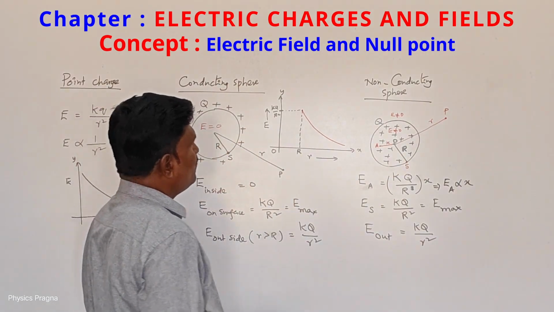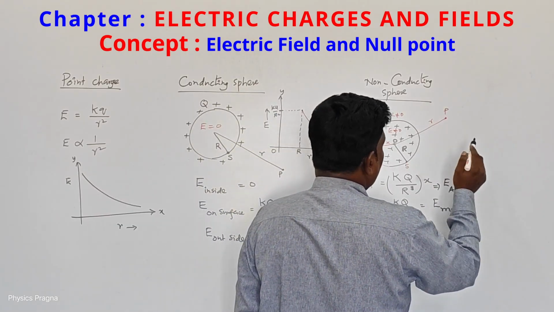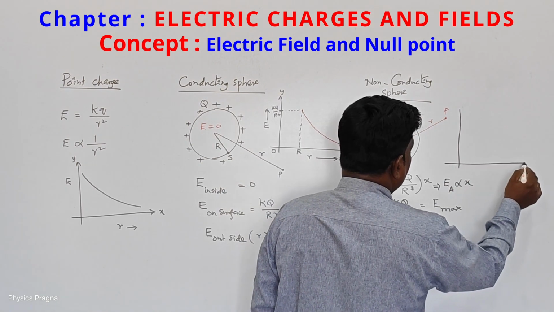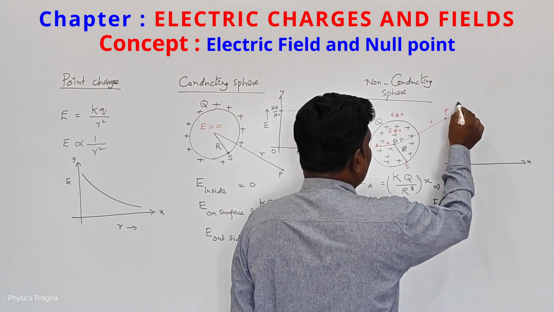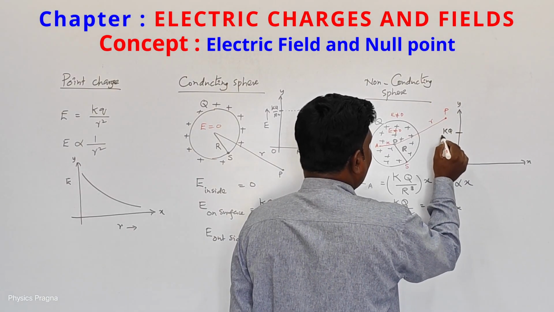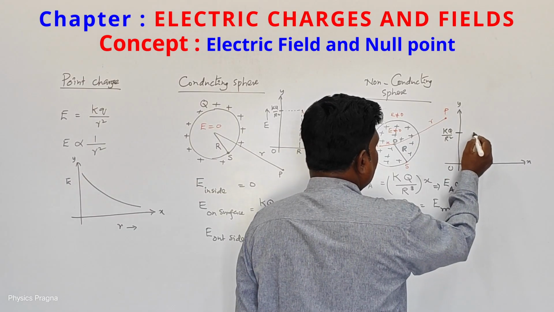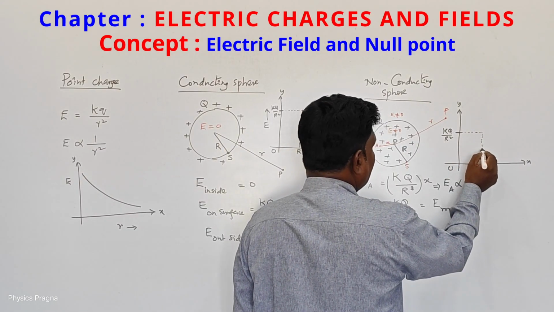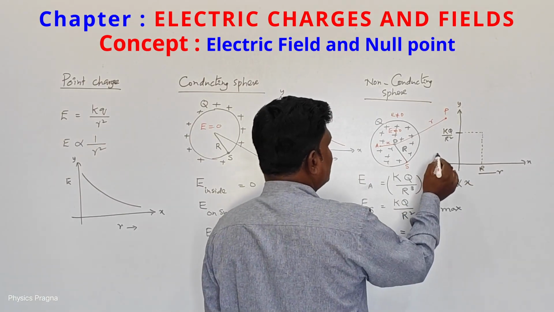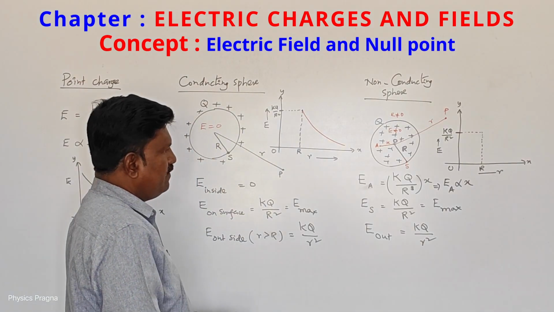So if you draw a graph here for non-conducting, this is the x-axis, this is the y-axis, this is the origin. The maximum value is kQ by R square, right? This is capital R. On the x-axis I have taken r values, on the y-axis I have taken electric field, capital E values.